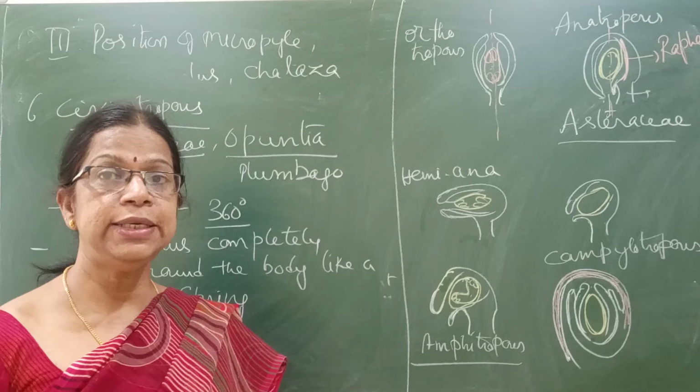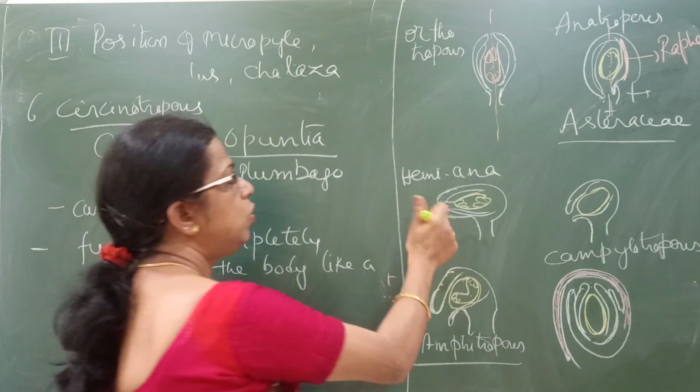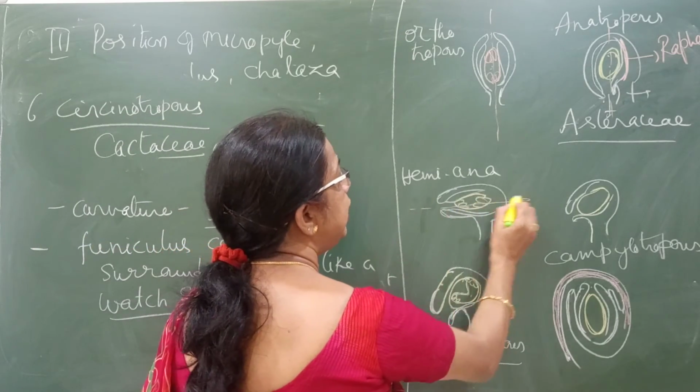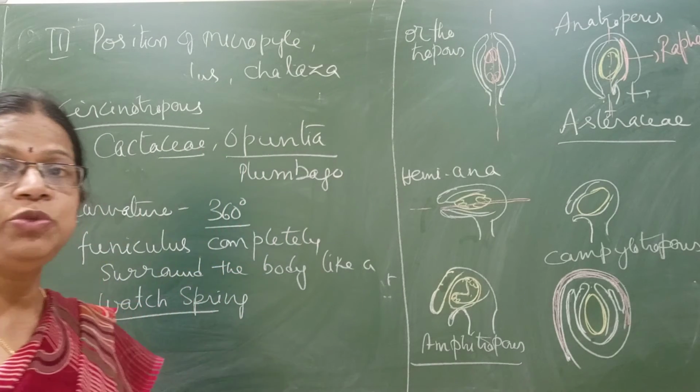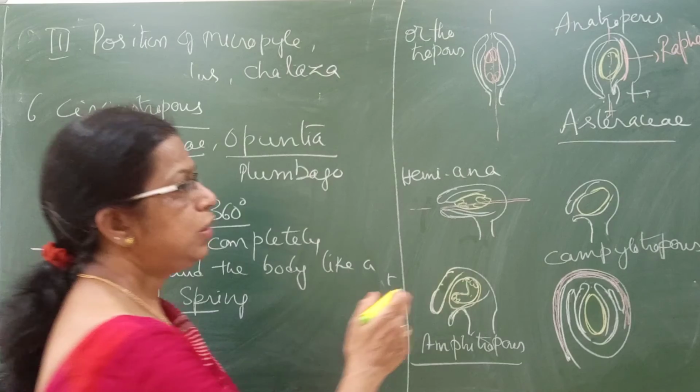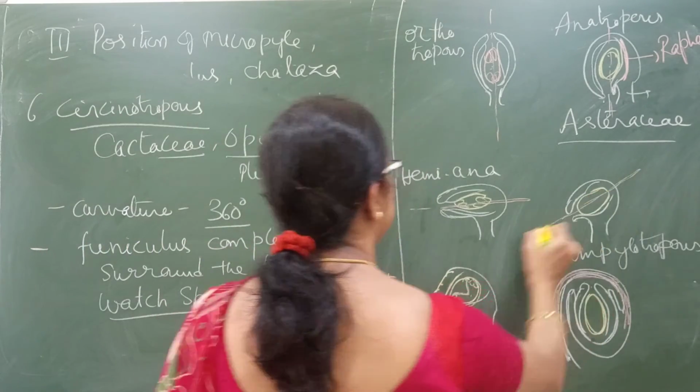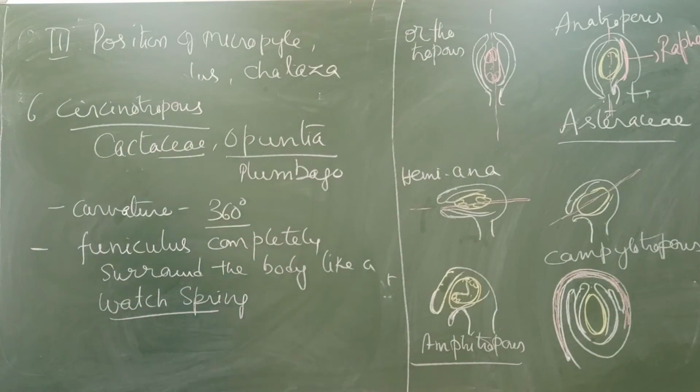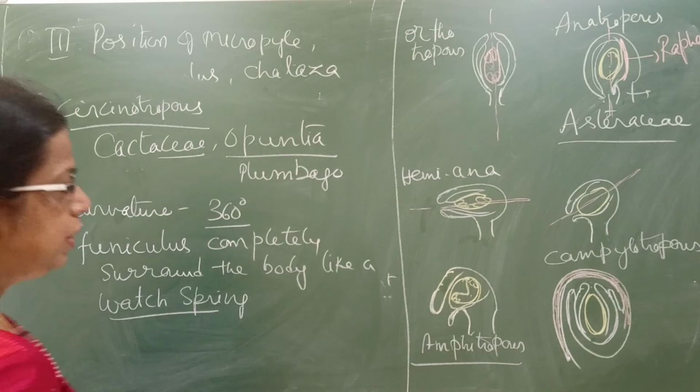Similarly here also, and in campylotropous also, only micropyle and chalaza are in the same straight line.